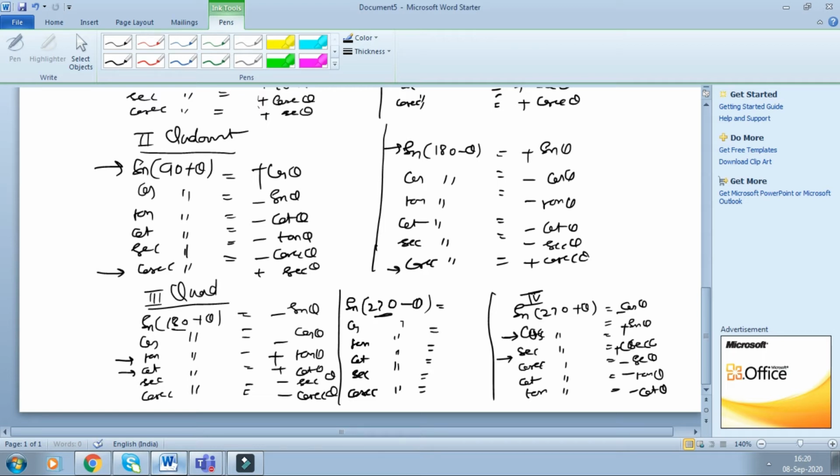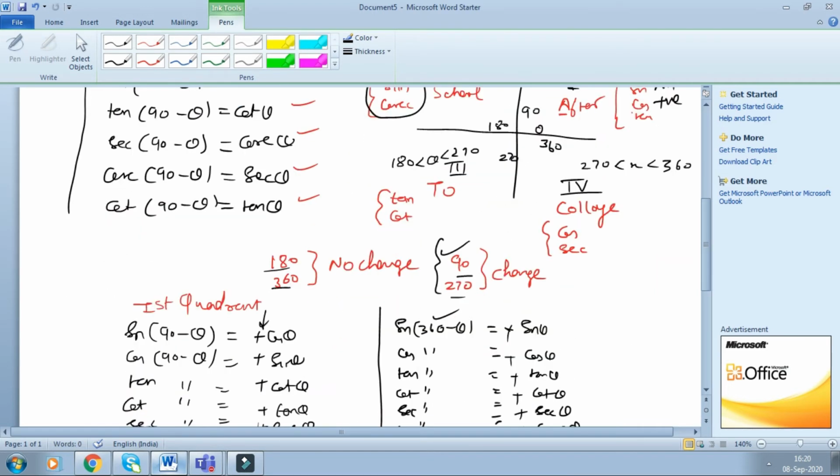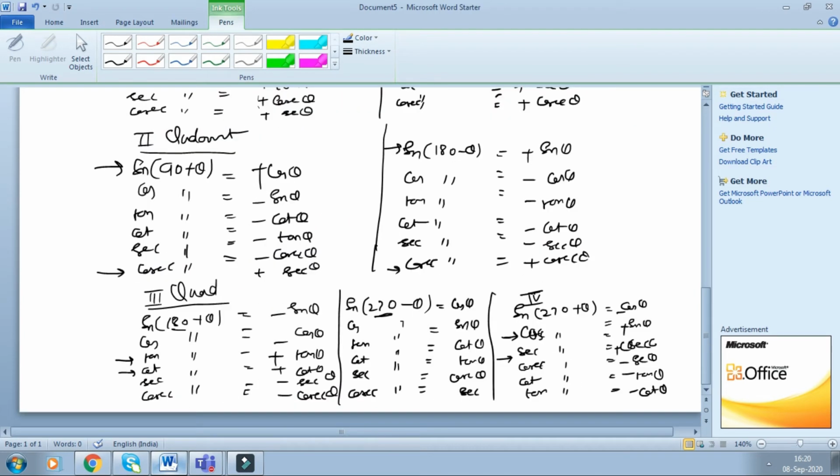In 270 there is a change. Sine changes into cos, cos into sine, tan into cot, cot into tan, sec into cosec, and cosec into sec. And regarding the signs, in the third quadrant tan and cot are positive. So the results of tan and cot you have to make positive, and the rest are negative.